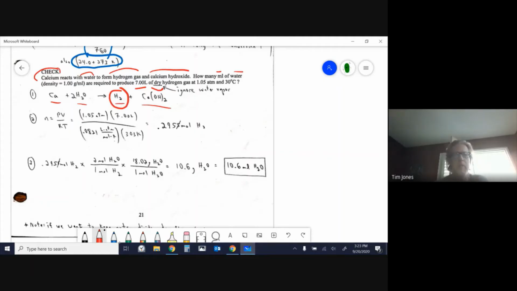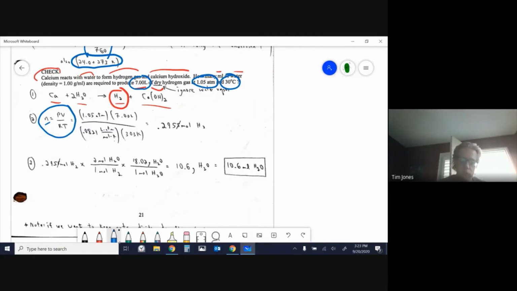So in this case, because we have a volume and a pressure and a temperature, we can go ahead and do PV equals nRT and solve for our moles. Now be careful. This is the volume of hydrogen and the pressure of hydrogen and the temperature of hydrogen.